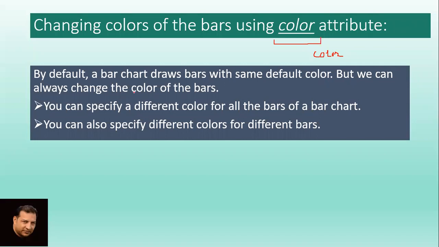Now again, we have the same 2 points. We can specify one color for all the bars of a bar chart, or we can also specify different colors for different bars.